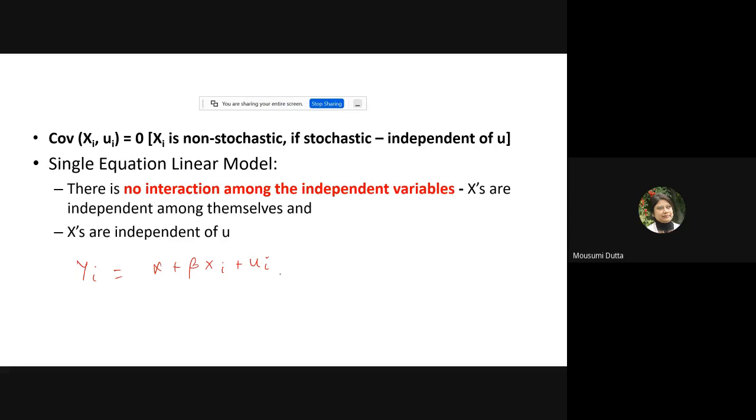If xi and ui are functionally related, you are violating the basic concept of linearity.